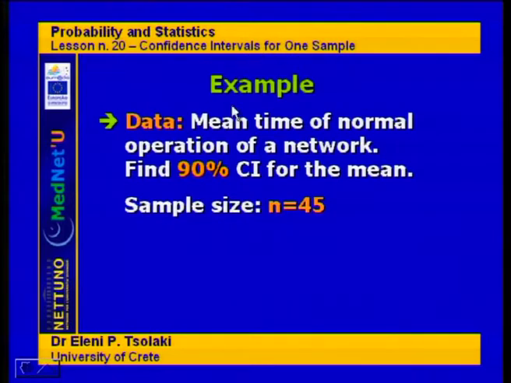Let's see an example. Our data are the mean time of normal operation of a network. And we want to construct a 90% confidence interval of the mean of this data.